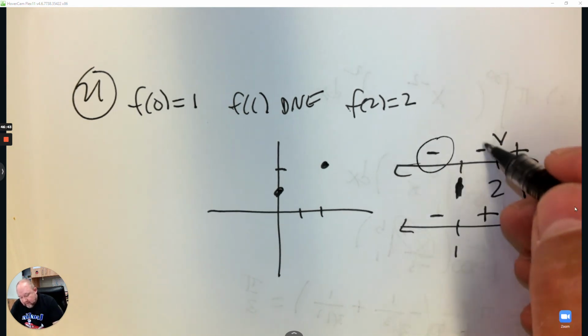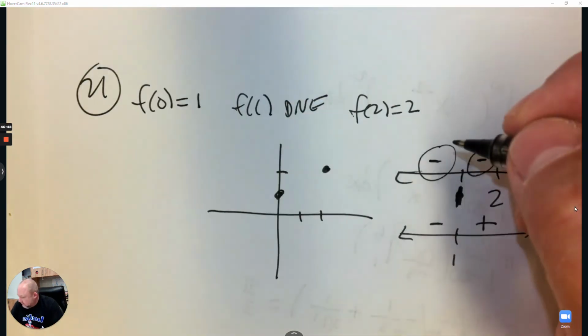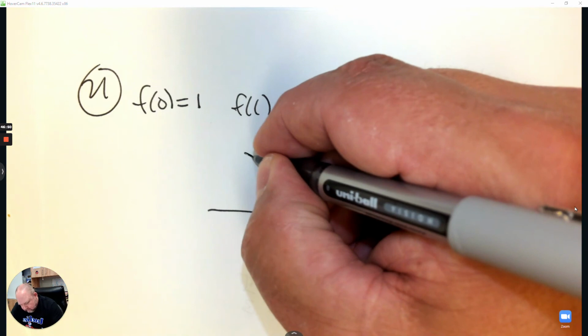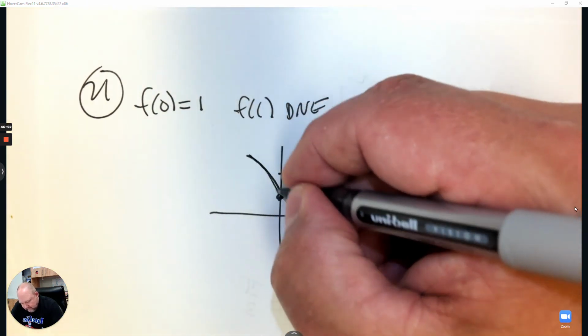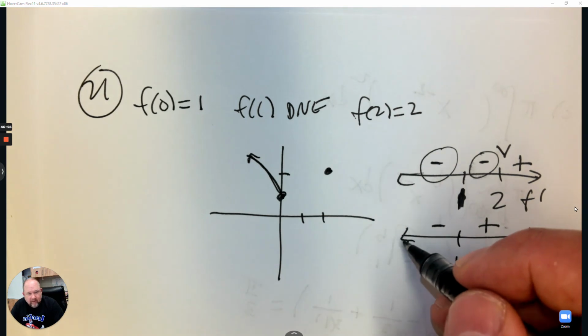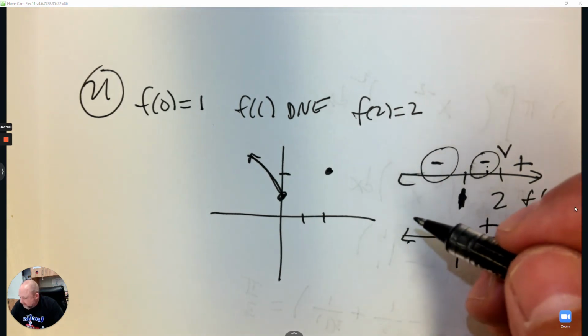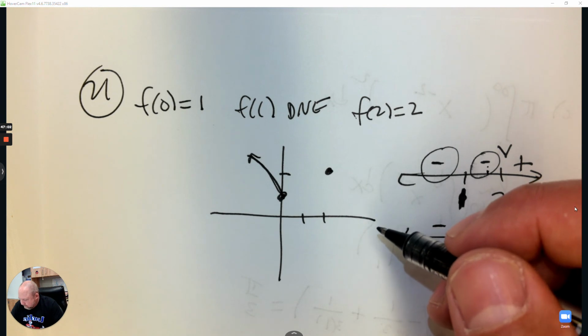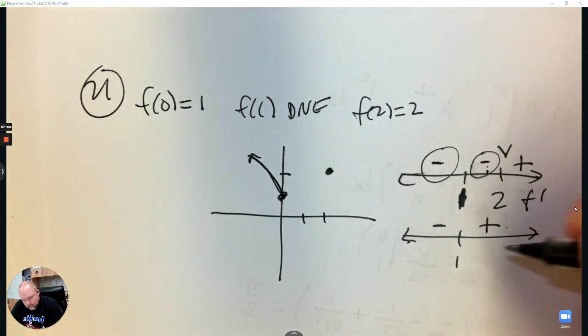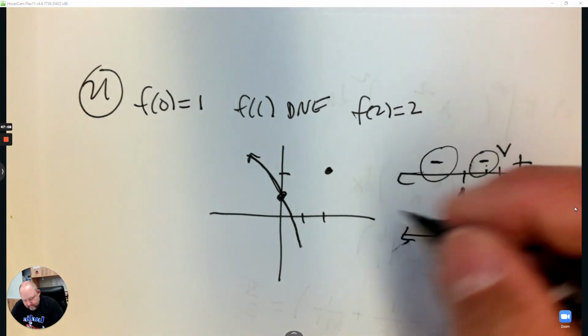So we can see it decreases and concave down. Then at 1, it continues to decrease, but it's concave up. So it goes all the way to 1, right?